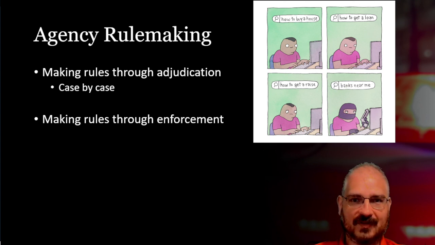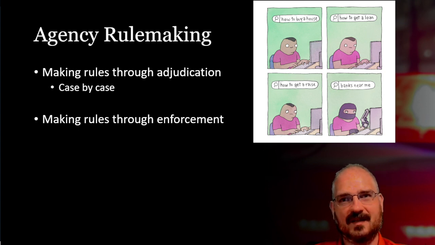So, the state government can say, oh, the speed limit on this highway is 65 miles an hour. But if there's never any police out there giving tickets to speeders, that rule loses its power, right? And then when I drive on that, I'm not going to drive 65.